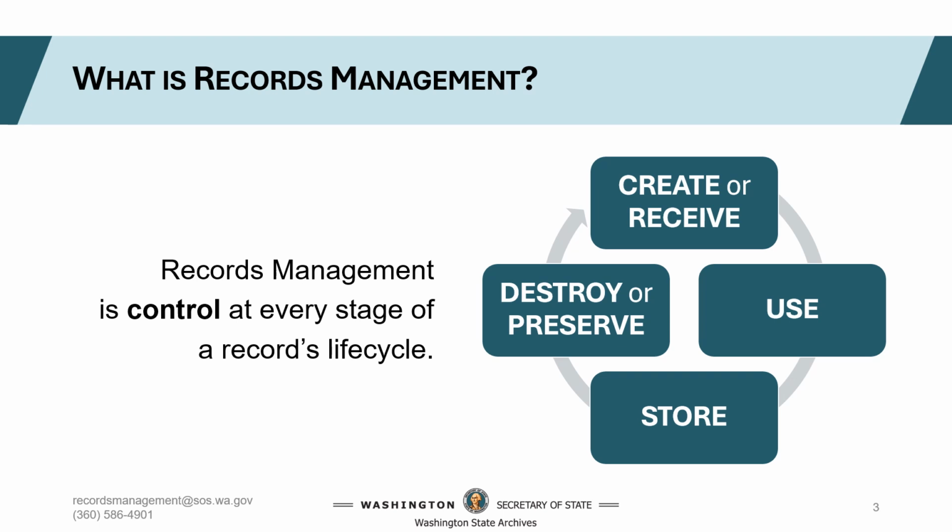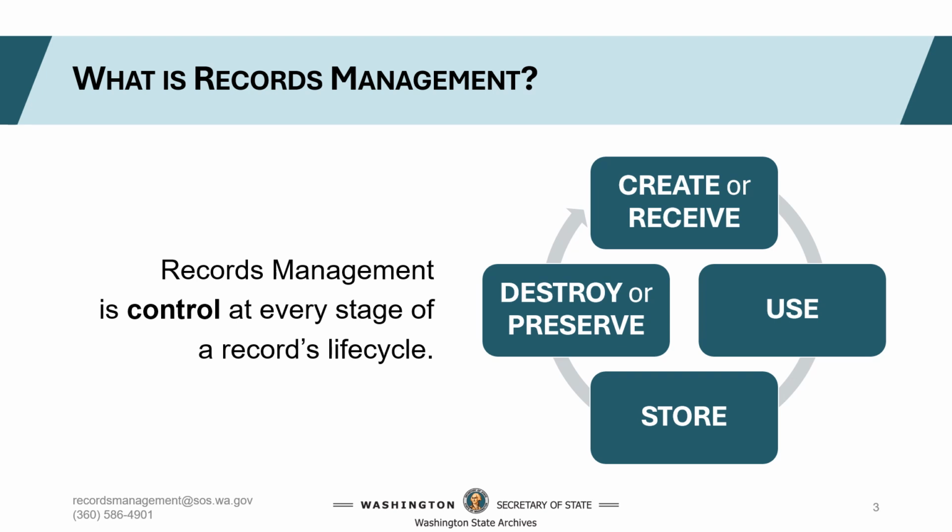Record storage is the core of our work because this is where retention comes in. Understanding retention requirements, retaining records in the appropriate format for the approved amount of time, and protecting essential records are all necessary to fulfill your obligations to your agency and the public. The last stage in a record's life cycle is destruction or preservation.